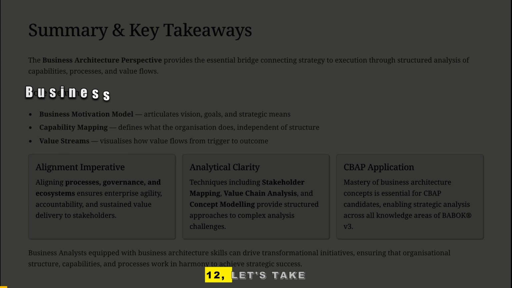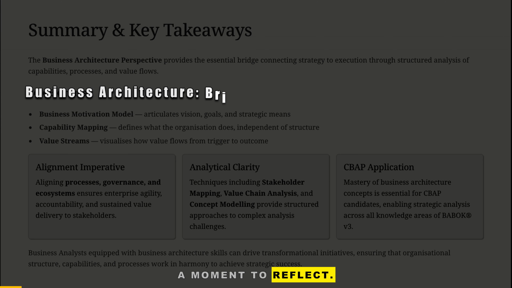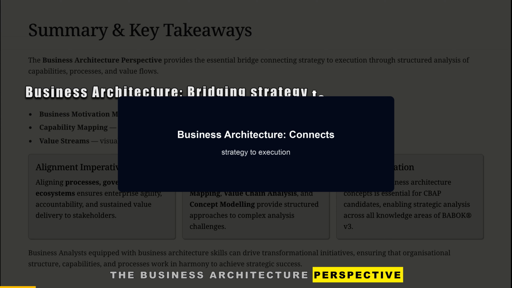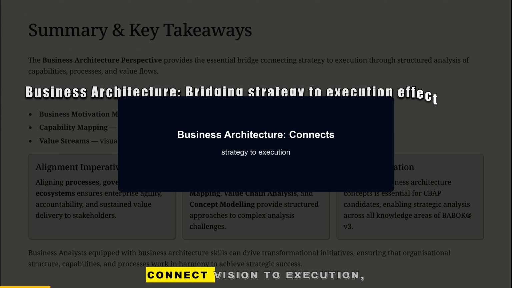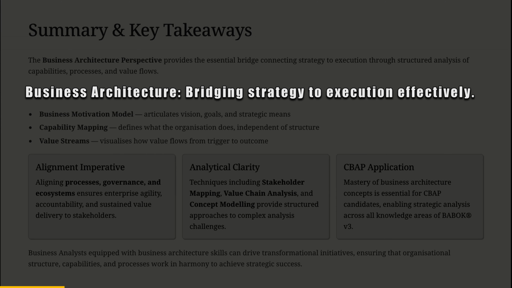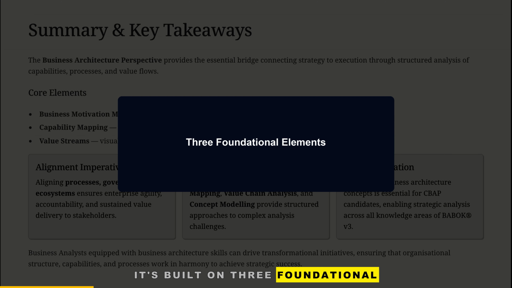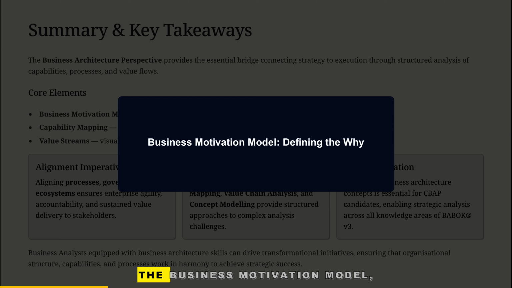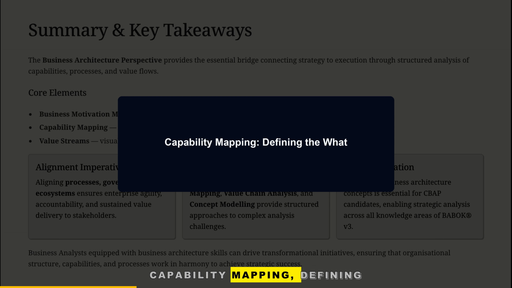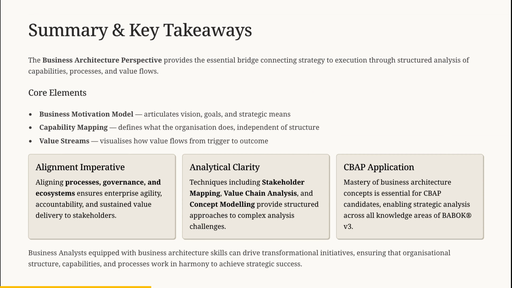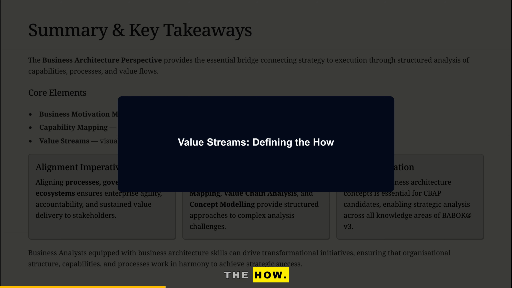As we wrap up Module 12, let's take a moment to reflect. The business architecture perspective gives analysts a way to connect vision to execution, turning strategic goals into operational results. It's built on 3 foundational elements: the business motivation model, defining the why; capability mapping, defining the what; and value streams, defining the how.